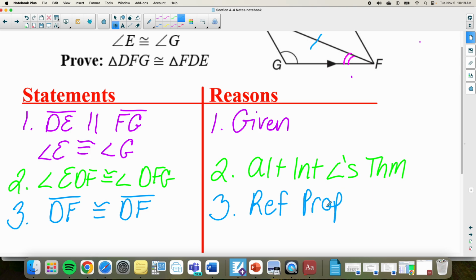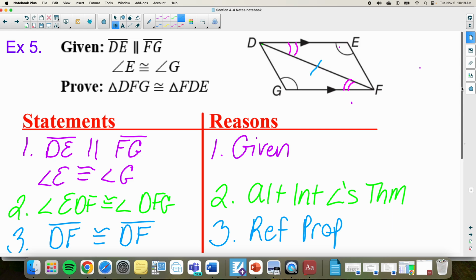Now, I have three things. I have two angles and a side. When you have two angles and a side, that means it's angle side angle or angle angle side. Which one is this? Angle angle side. Do you get it? Because this side is not in between the two angles, that's why.